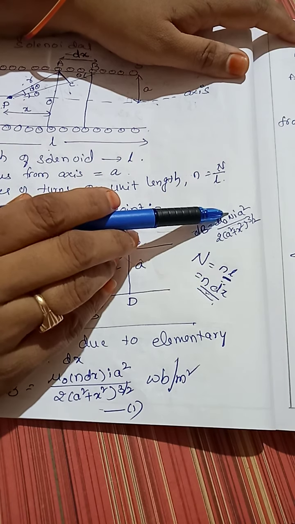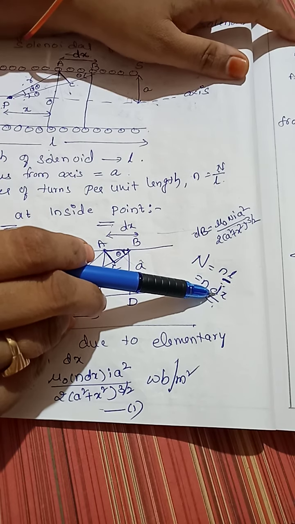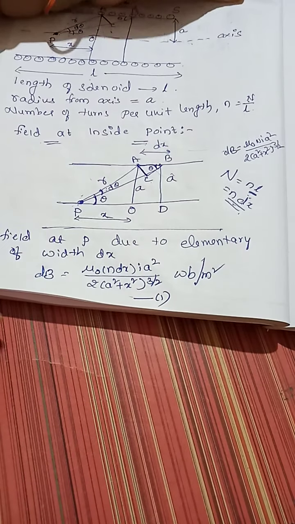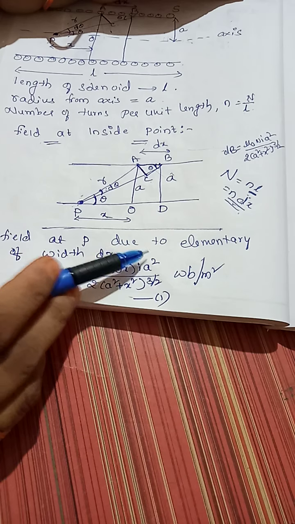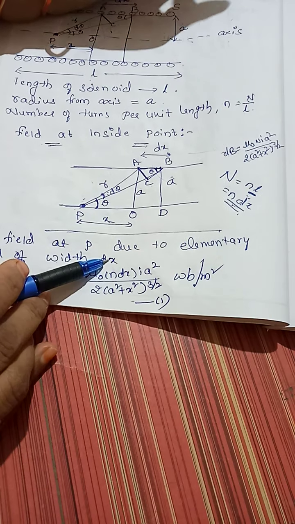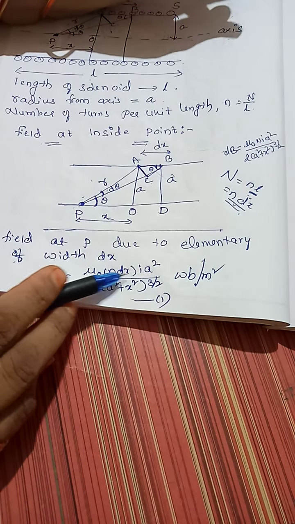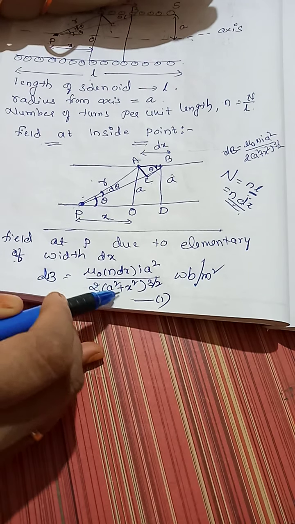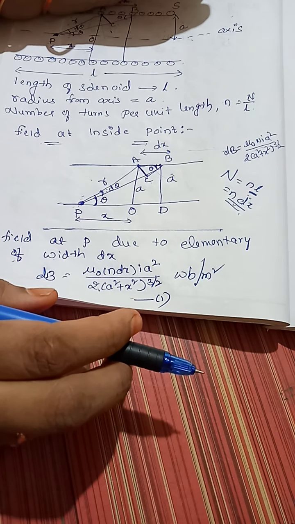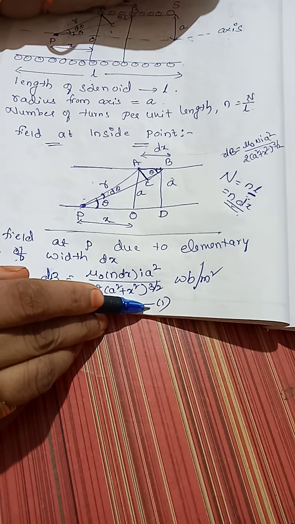So totally, in place of N we substitute n dx. So now the field at the point due to the elementary coil of width dx is equal to mu naught n dx I A square by 2 times (A square plus x square) whole to the power of 3 by 2. Take it as equation 1.